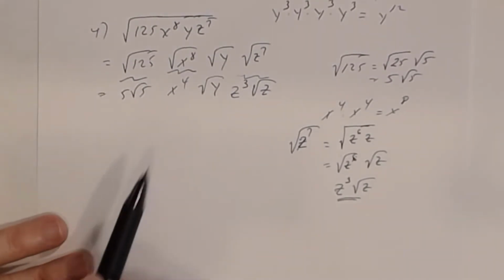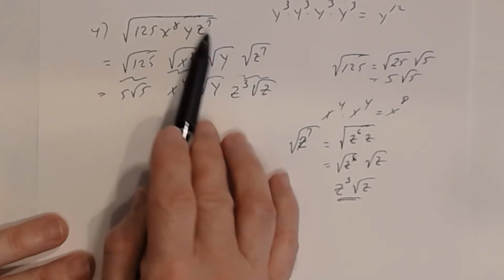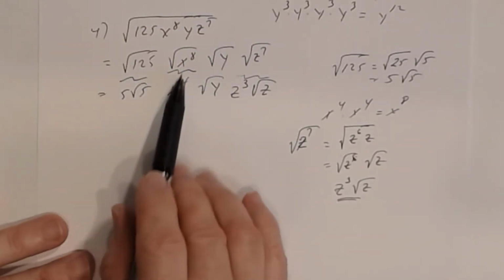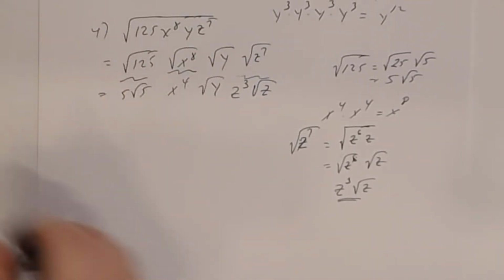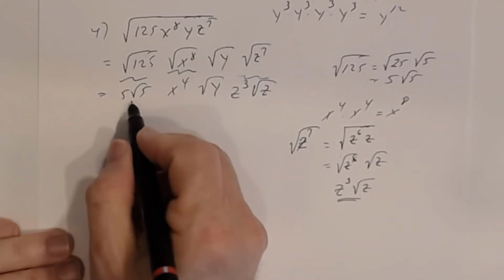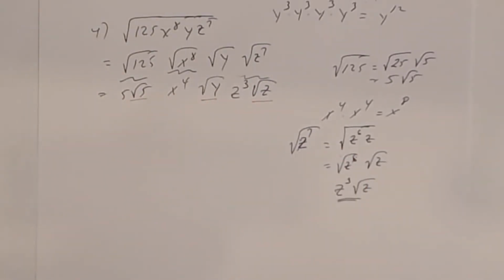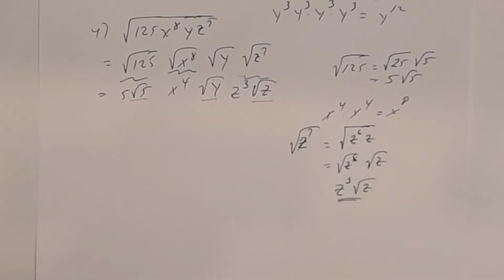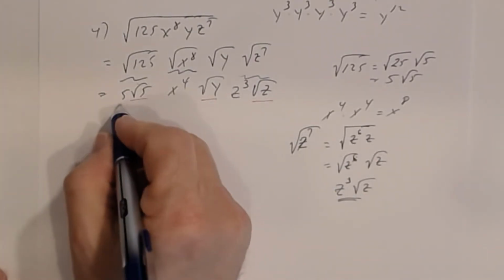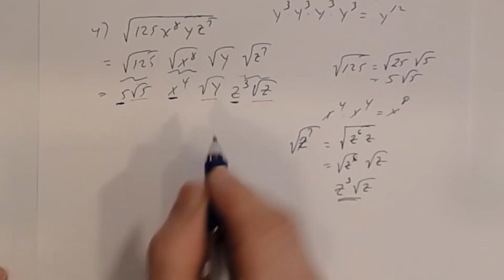All right. So notice what I did. I took the square root of this, this, this, and this. Then I simplified each of those if I could. Now don't leave your answer like this, because notice it's square root, square root, square root. If the indices are the same, you can write it as one square root. So I'm going to underline the others: the 5, the x to the 4th, z cubed.